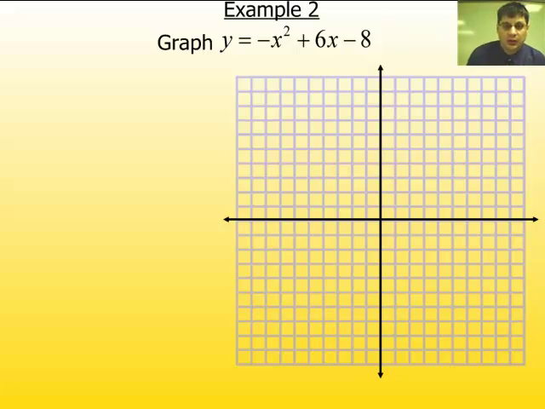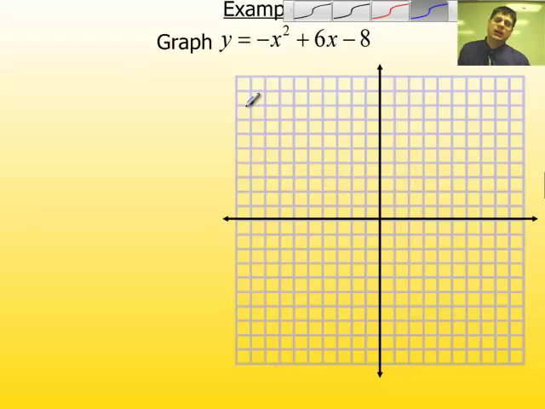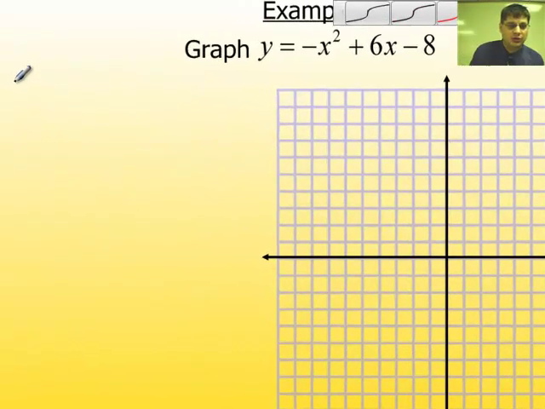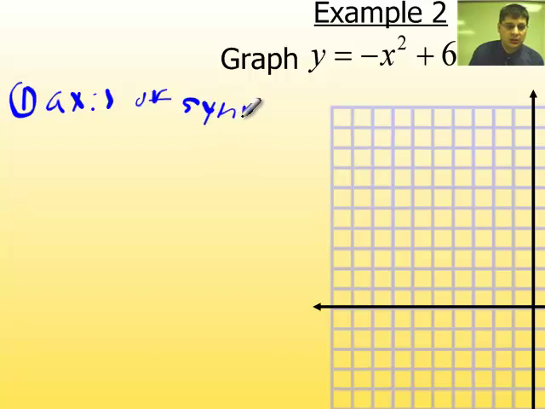So the first thing I want to do if I'm graphing something in standard form is get the axis of symmetry.